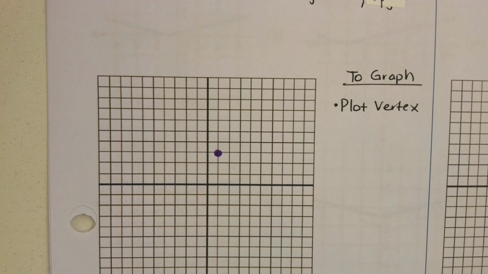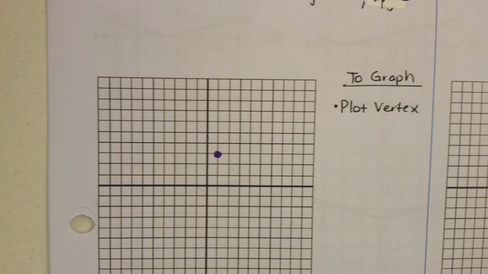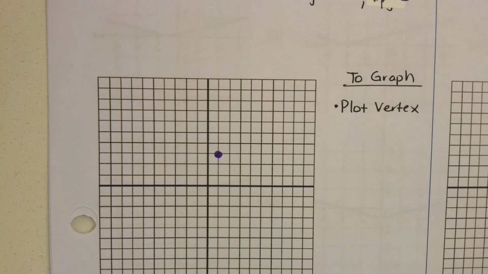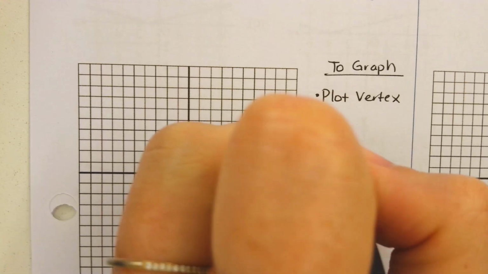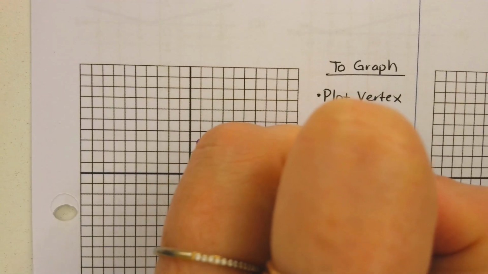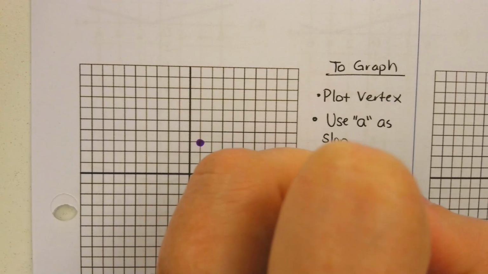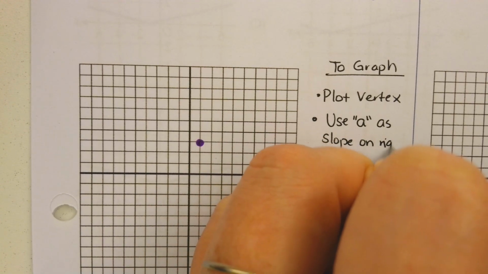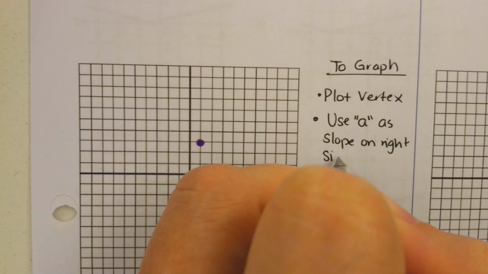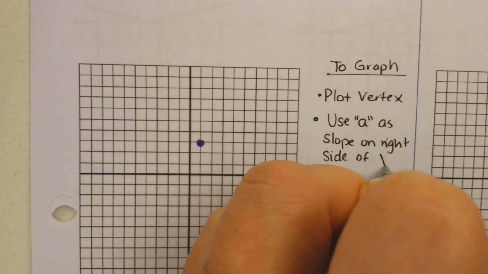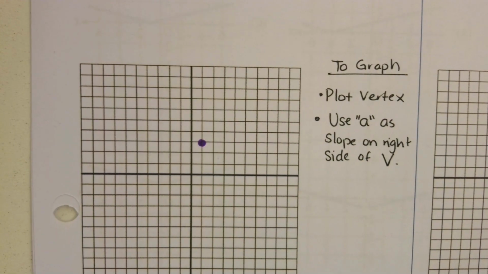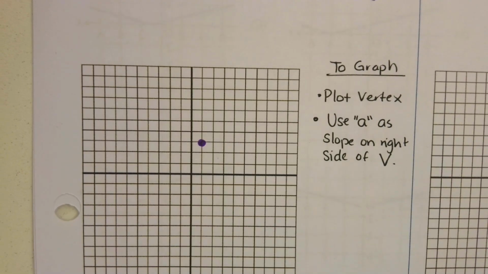Now the A value, it's basically the slope of the right side of the V shape. So we're going to use A as the slope on the right side of the V shape. And what was our A value again? 1/2.